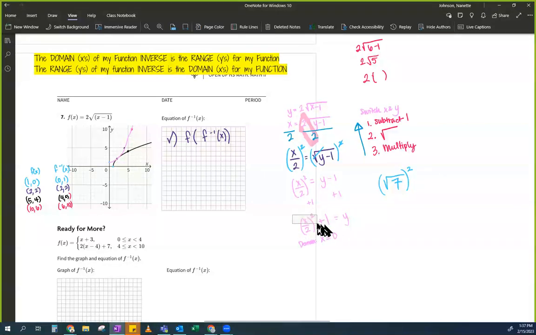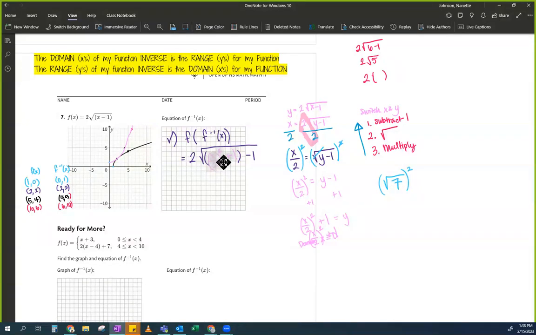So I'm going to take f of x, which is 2 square root of, and I'm going to leave a big old parenthesis right here, minus 1. And I'm going to take this whole thing right here. Can I really be that lazy? I can. And I'm going to take him and put him right here.